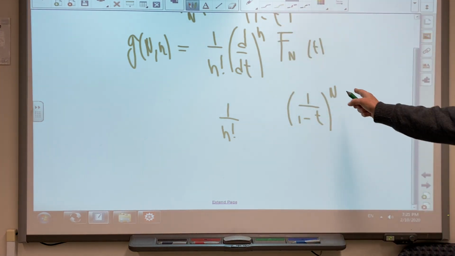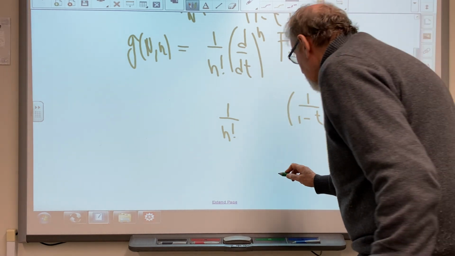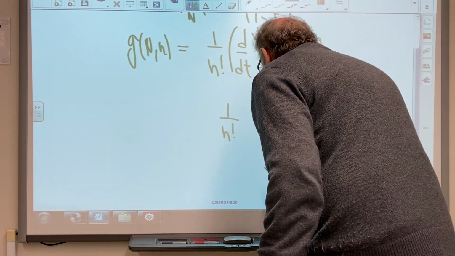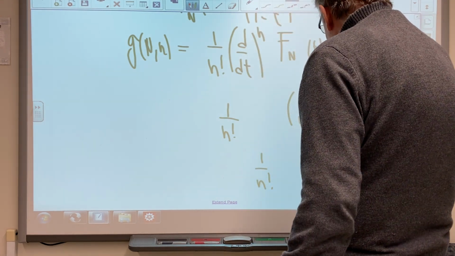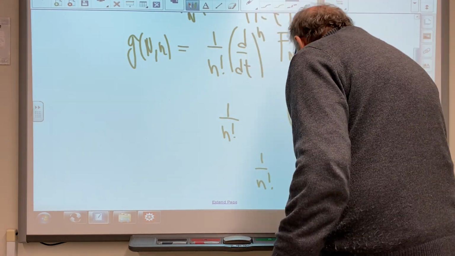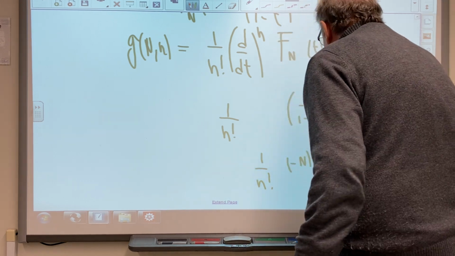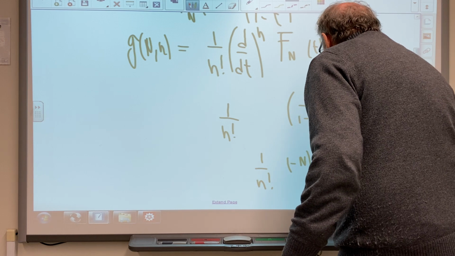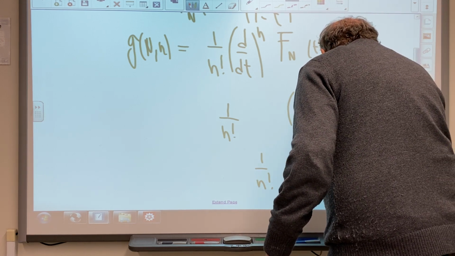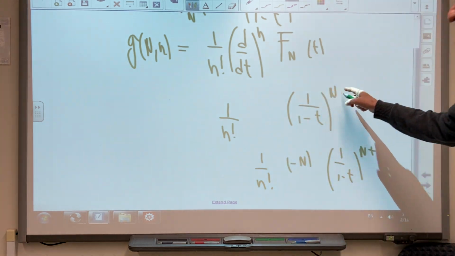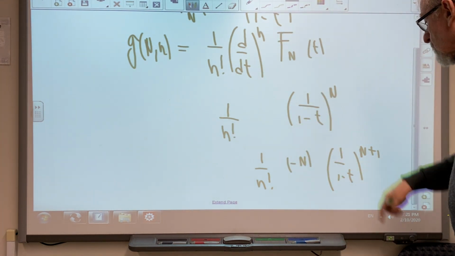When I take the first derivative, this is (1 minus t) to the minus n, I get a factor minus n, and I get 1 over (1 minus t) to the power n plus 1, okay? Because this is minus n, and when I diminish the degree, I get minus n minus 1.